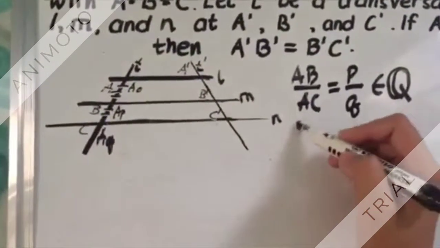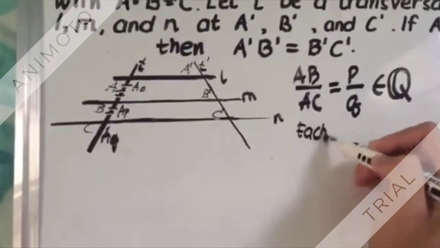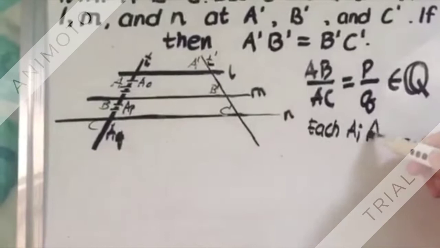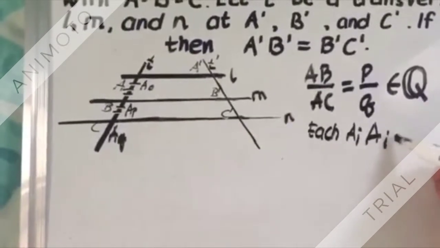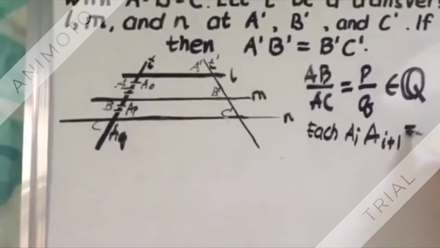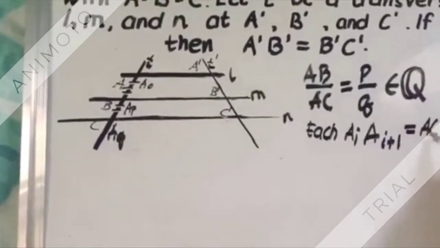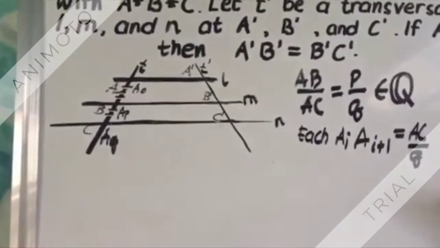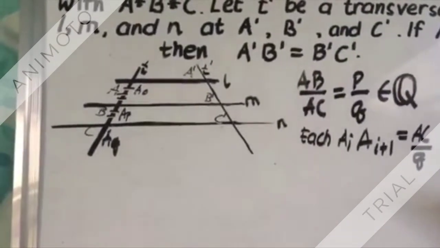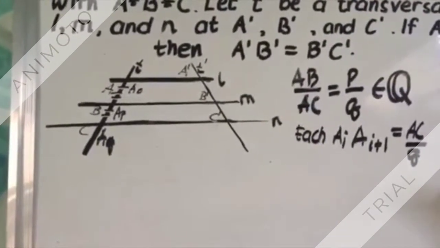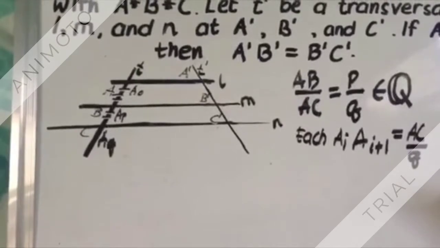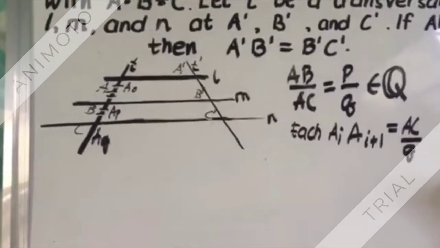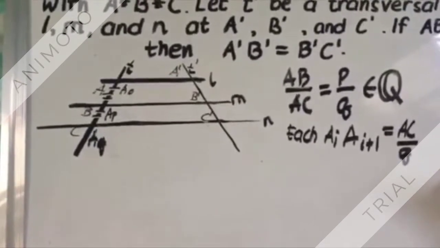So each A sub I, A sub I plus 1 is equal to AC over Q. To continue with this theorem, to clear these things up, let's proceed to a lemma.